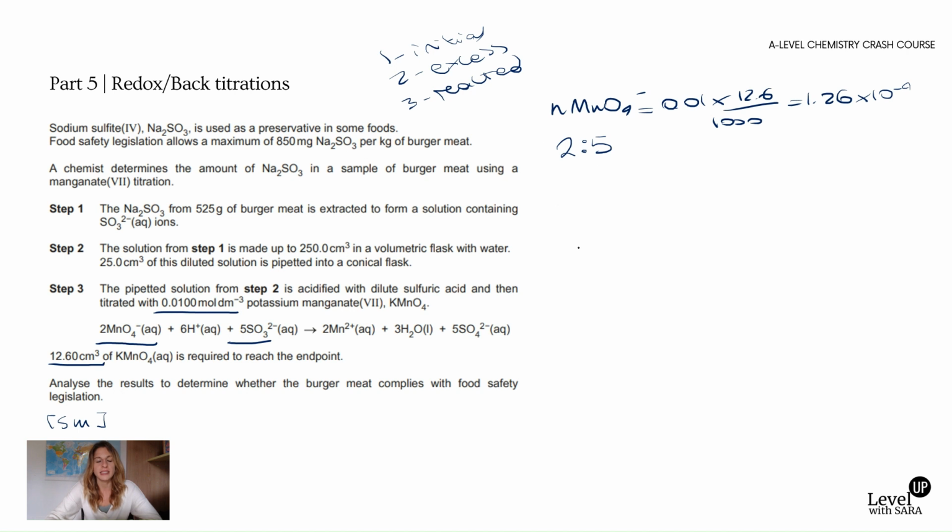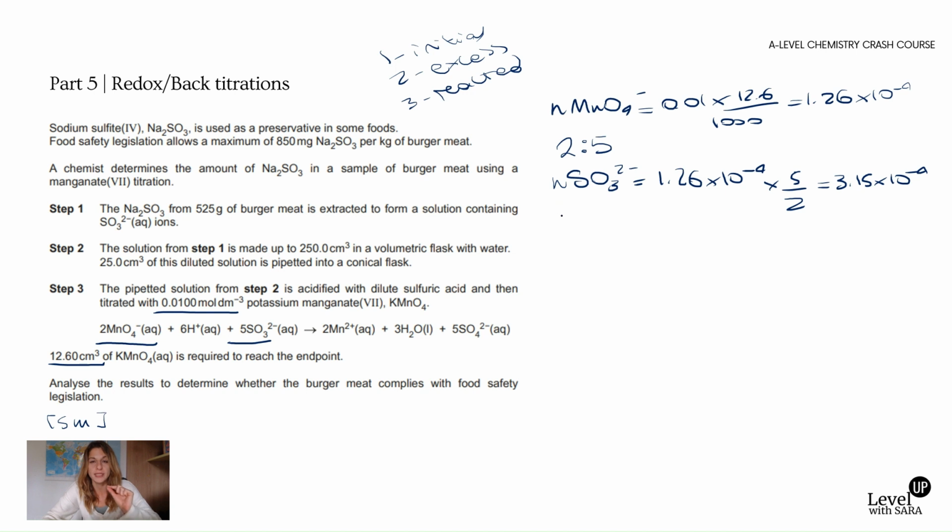Okay, and this is the challenging thing normally about redox titration. There are normally complex equations with big ratios, or something that we have to work out. In fact, we can find the amount of SO3 by doing 1.26 times 10 to the minus 4 times the reverse fraction 5 over 2, therefore equal to 3.15 times 10 to the minus 4.